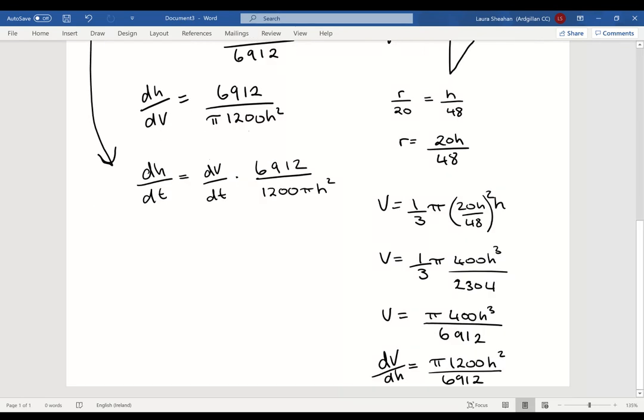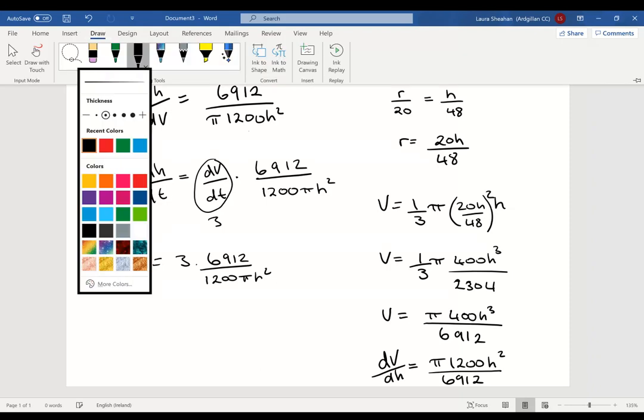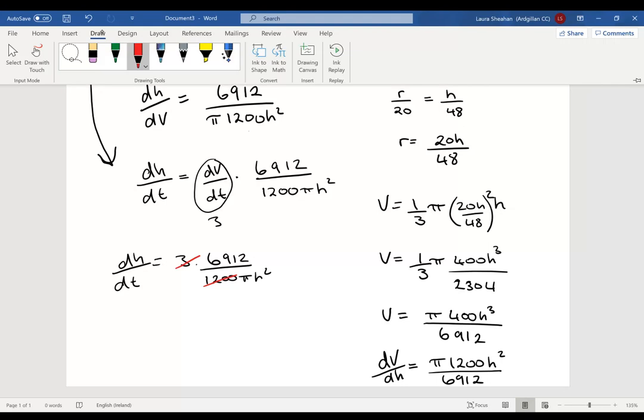So dh/dt is equal to 3 times 6912 over 1200 pi h squared. You can just simply multiply it in, or you can say that 3 goes into 1200 400 times.